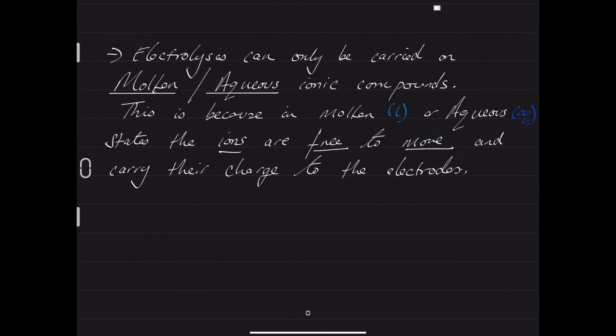Ionic compounds tend to be crystalline in structure in a solid state. We have to make them molten or dissolve them in water, making them aqueous, and this will free up the ions and allow them to carry their charge to the electrodes, thereby splitting up this ionic substance. And this is the process of electrolysis.